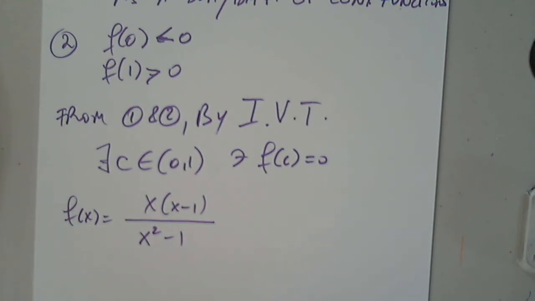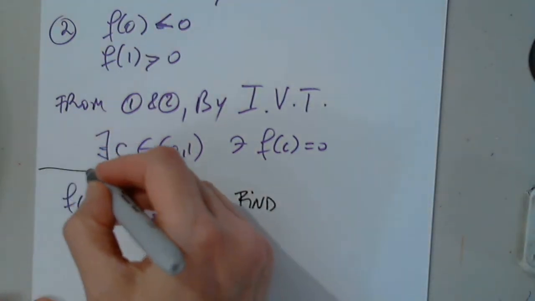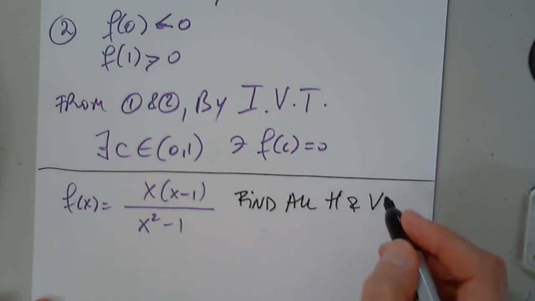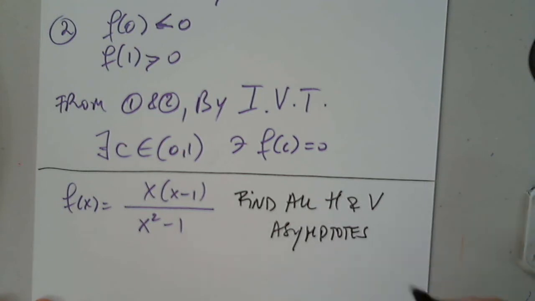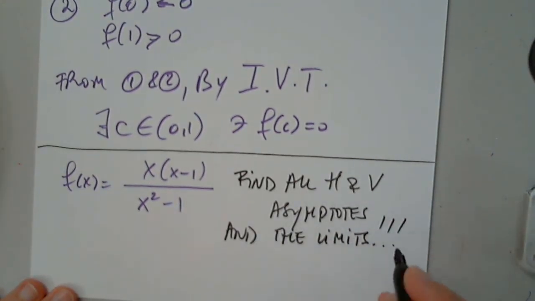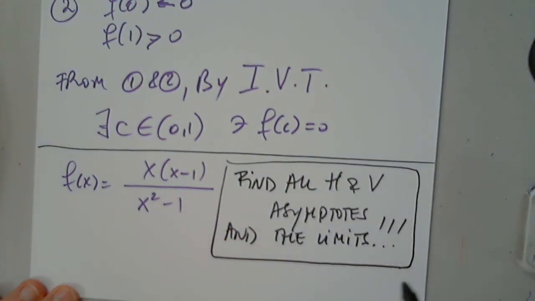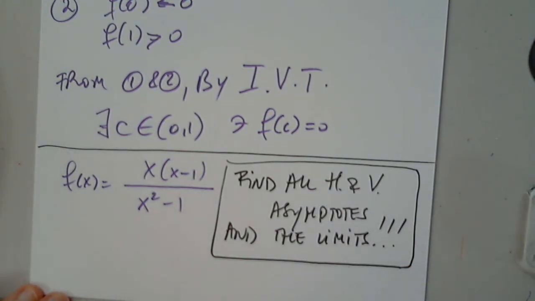The question for this problem will be something like this: find all horizontal and vertical asymptotes, if they exist, of course, and the limits pertaining to those.